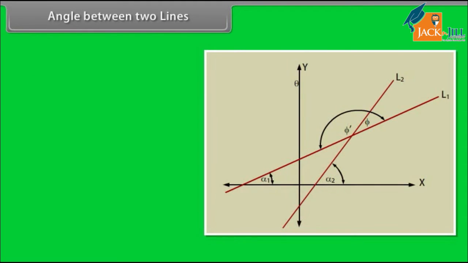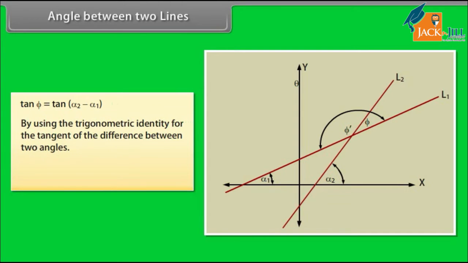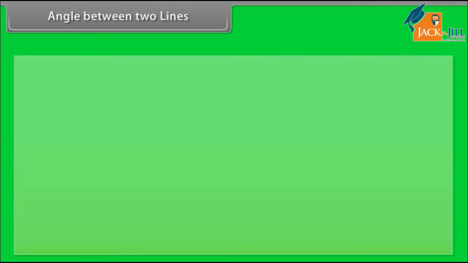From the slopes of lines L1 and L2, tan phi is equal to tan of (alpha 2 minus alpha 1). By using the trigonometric identity for the tangent of the difference between two angles, tan phi is equal to (tan alpha 2 minus tan alpha 1) divided by (1 plus tan alpha 1 into tan alpha 2).